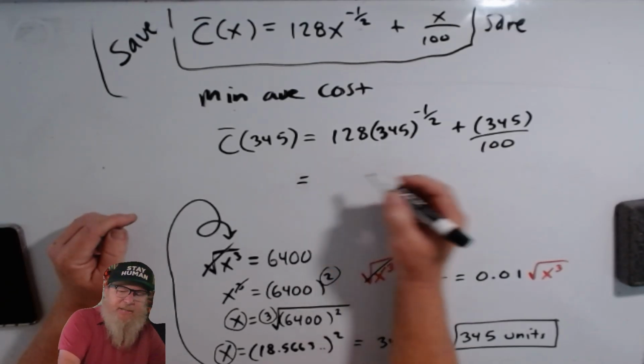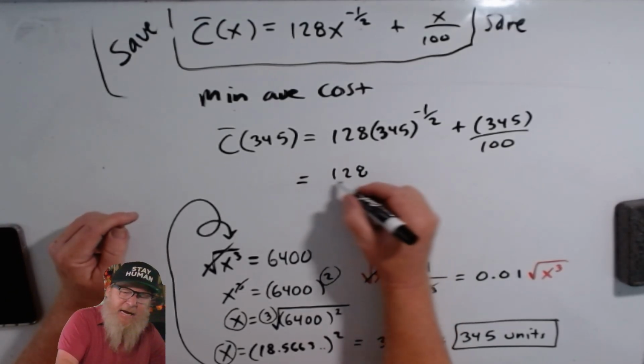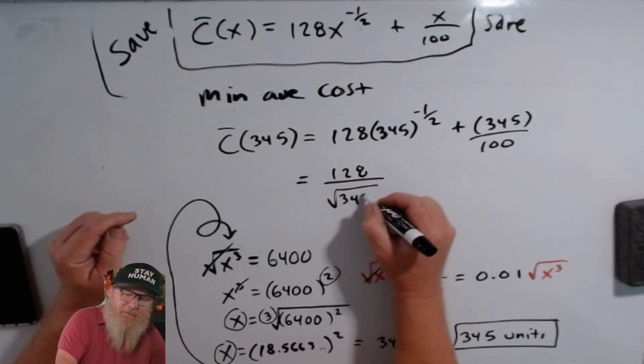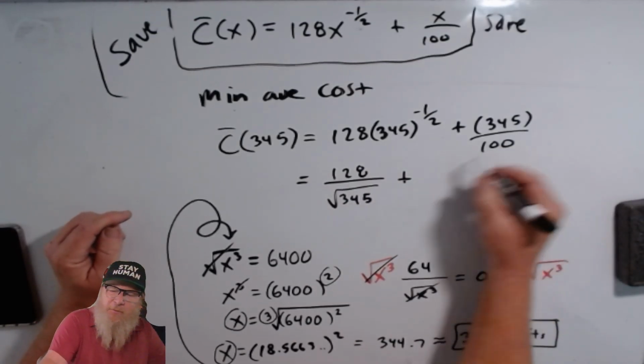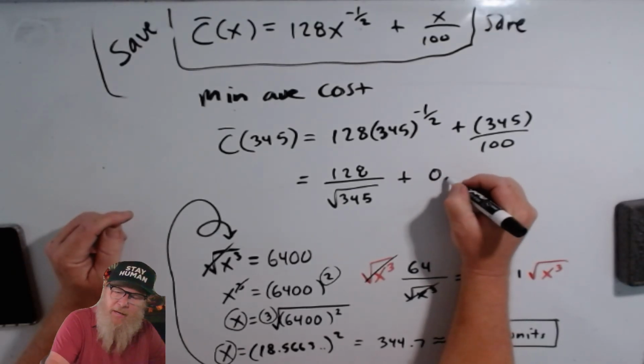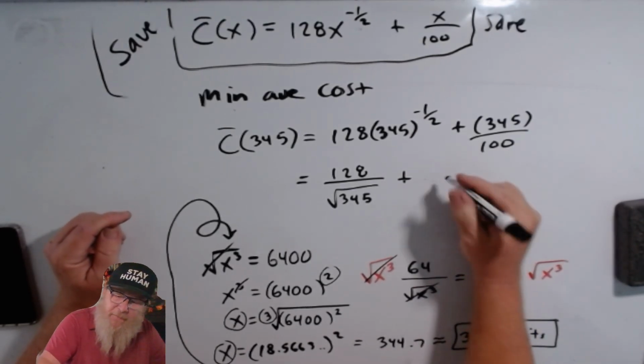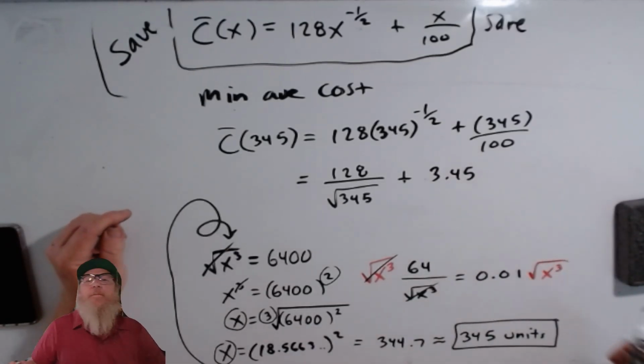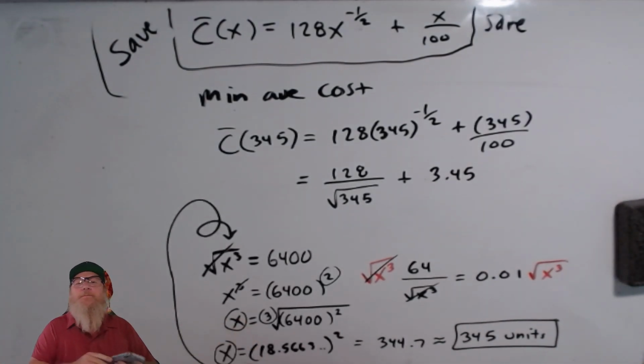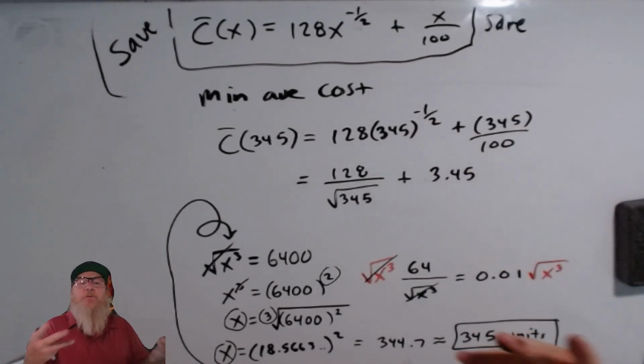Which really means the same thing as 128 over the square root of 345 plus 3.45. Right? Translate this into numbers.